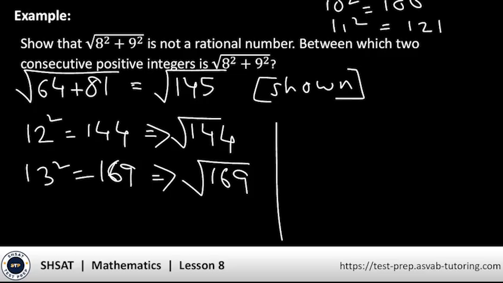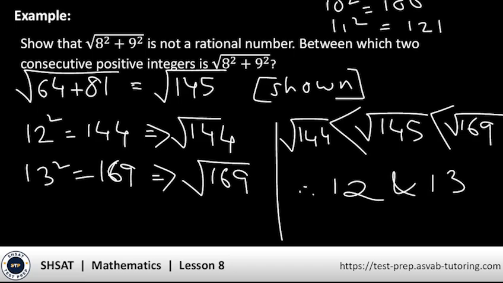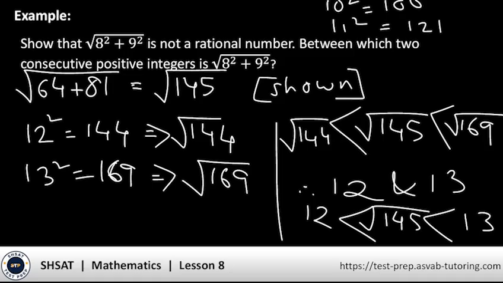So whatever we see here, square root of 145 is of course in between square root of 144 and square root of 169, right? So between which two consecutive numbers are these? They are in between 12 and 13, okay?